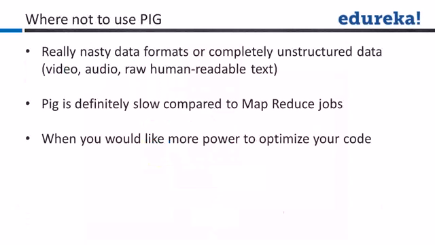I'll put up a development team which will develop the MapReduce program for me, and then finally I'll start using it, and you can keep on optimizing your code. And as Ravi had initially said when Vamsi asked that question, when you would like more power to optimize your code, when you know it's all about optimizations now and there's not much I can do at the algorithm level, I'll just use MapReduce programs to do that.